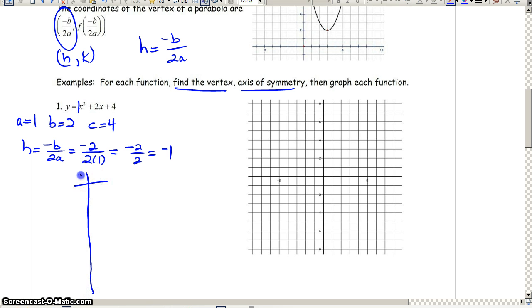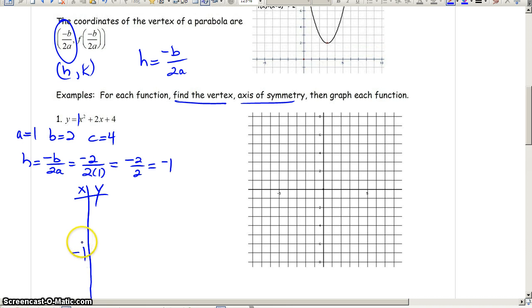Like most curves that we've graphed before, we're going to plot points, and we're going to build a table around that value of x equals negative 1. Now what you do always is take that x coordinate of your vertex and go one step bigger, or add a 1 to negative 1, and you'll be at 0.